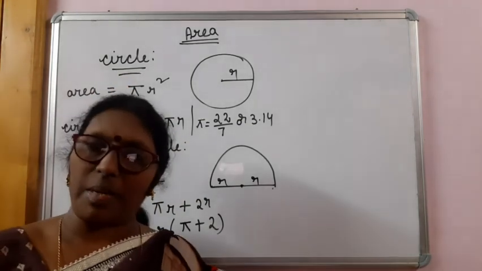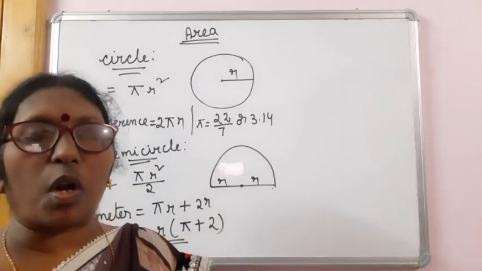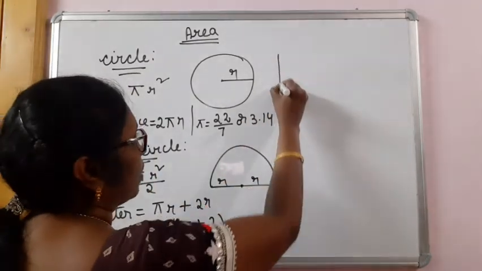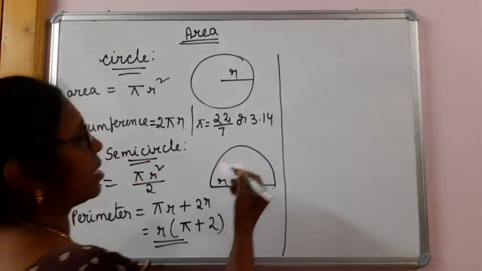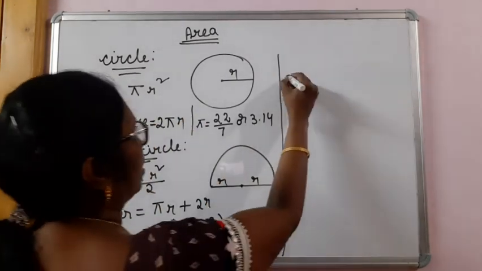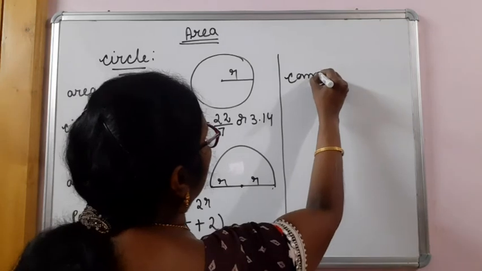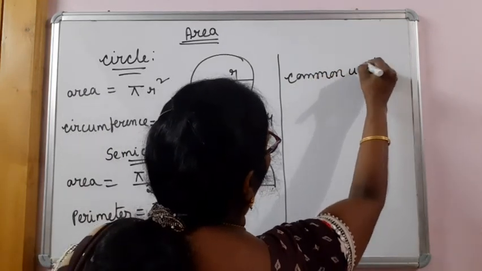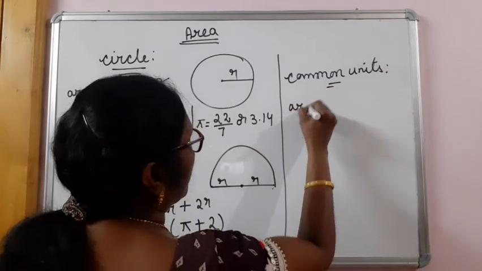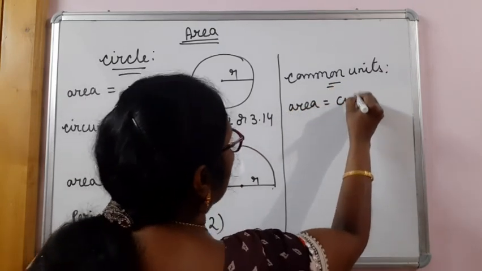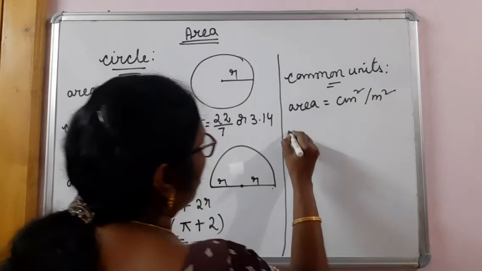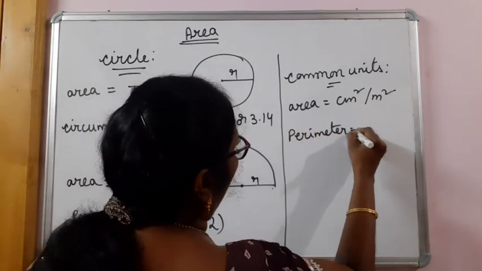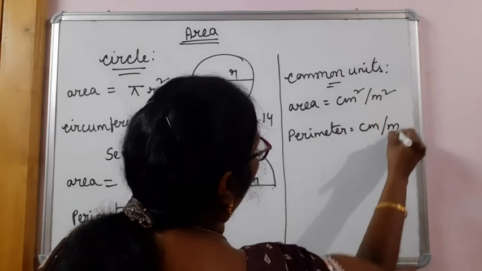Now, what are the common units of area and perimeter? Whether it is rectangle, square, circle, semicircle, the common units of area are cm square or meter square, and the common units of perimeter are cm or meter.